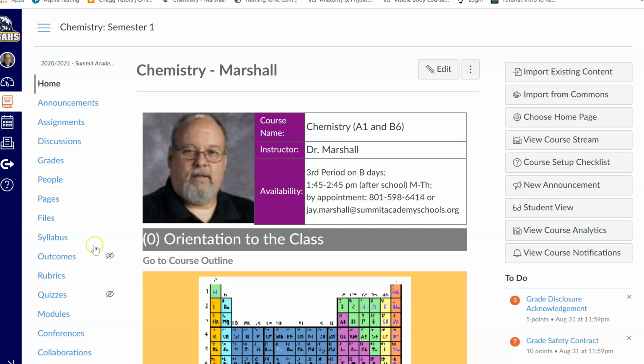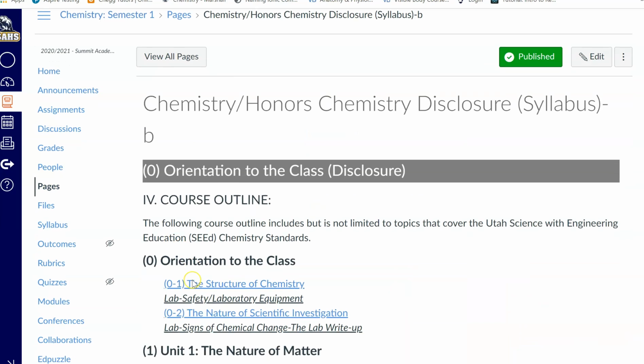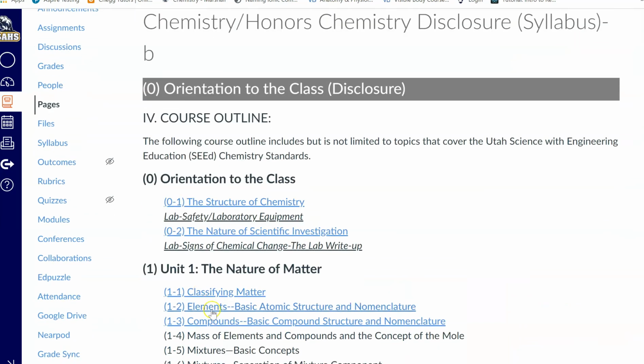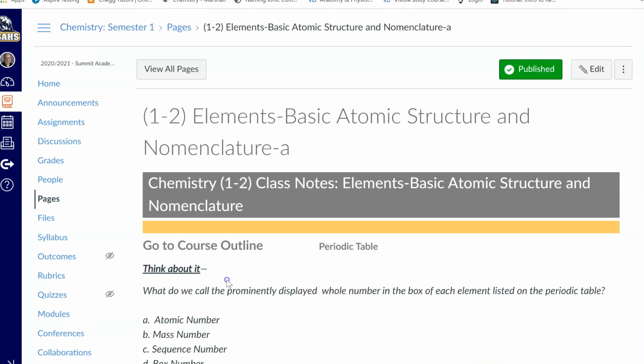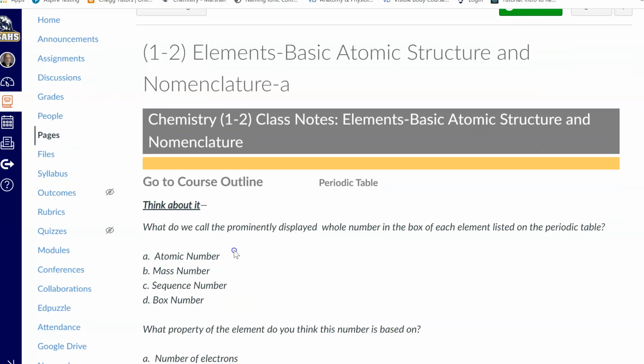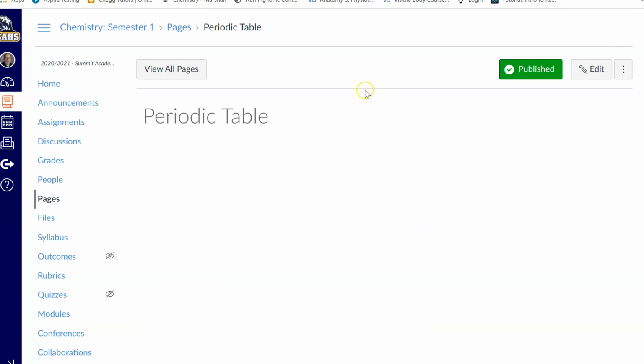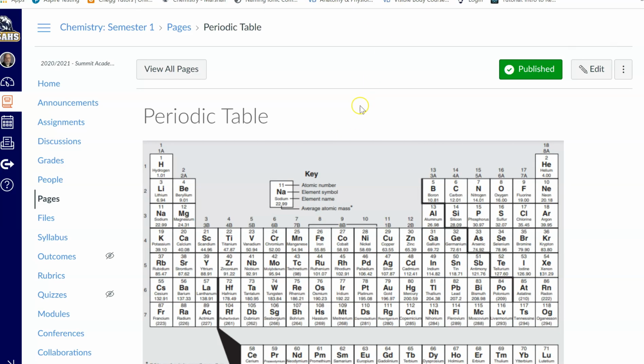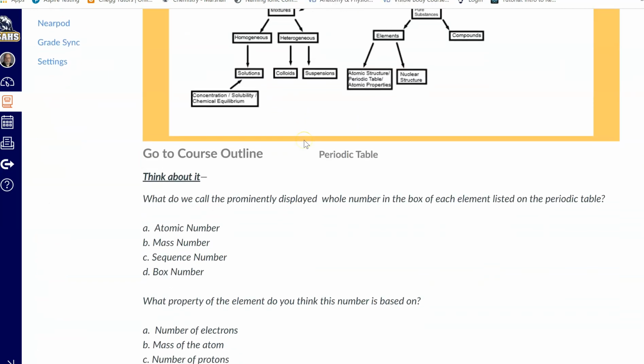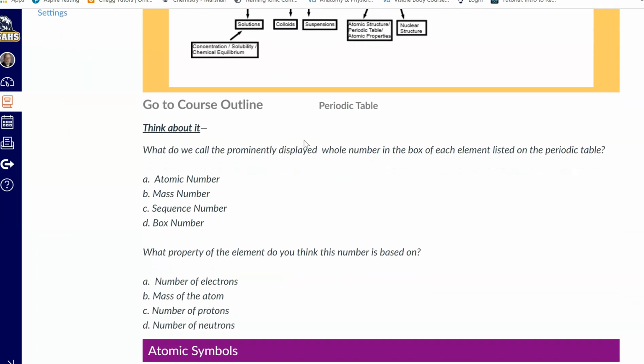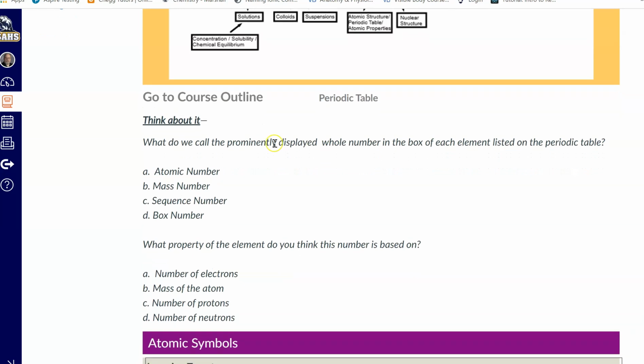So if you go to course outline and then you go to this particular lesson, 1-2, you end up here. And also notice that I've added a periodic table, and that it's in a different tab so that you can switch back and forth. You have a couple of starter questions here.